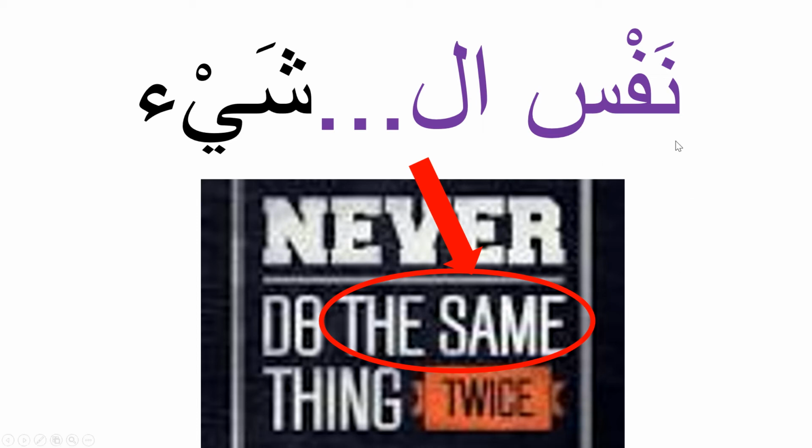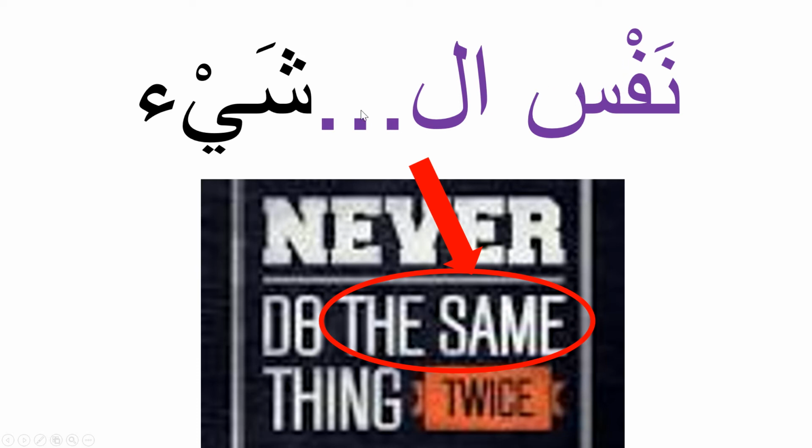If we want to say something is the same, we add the word the as a prefix after it and then put whatever is going to be the same. So if you want to say the same house, you say nafs al bayt.